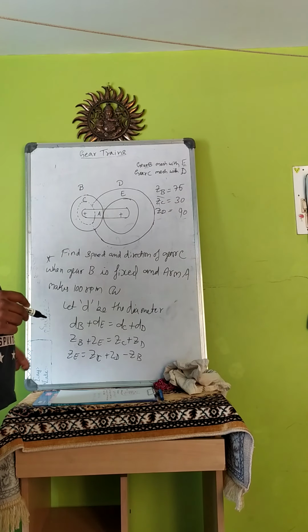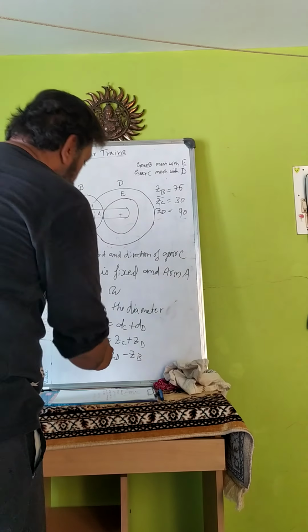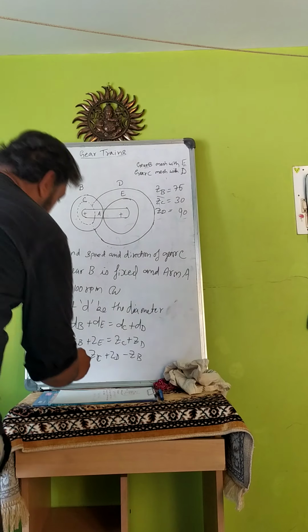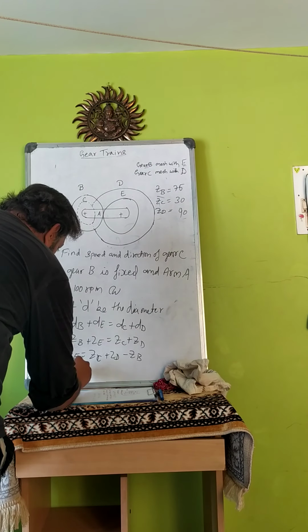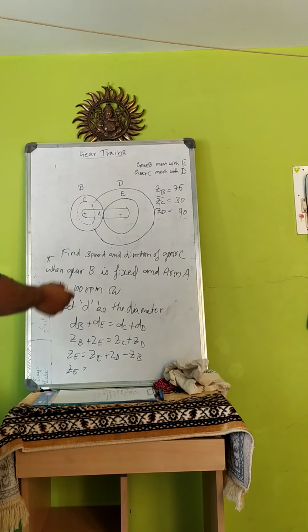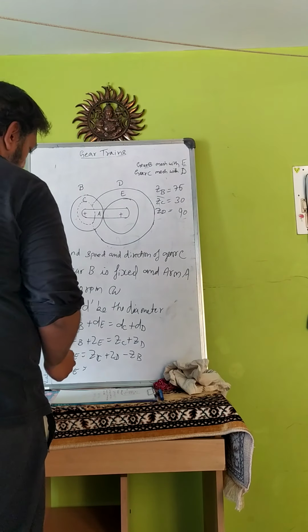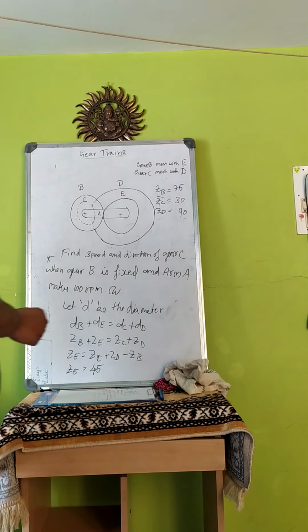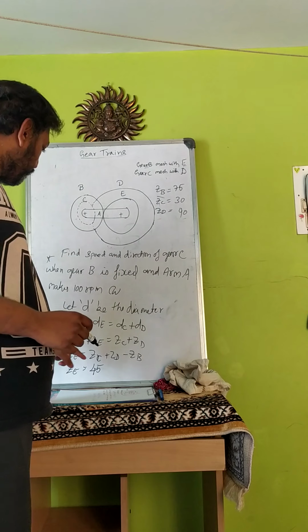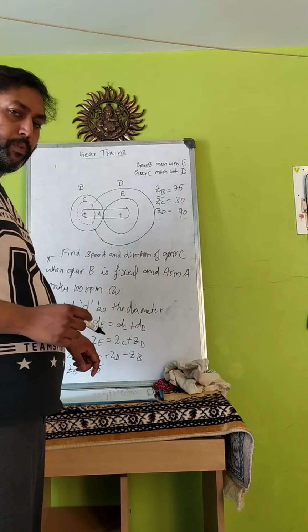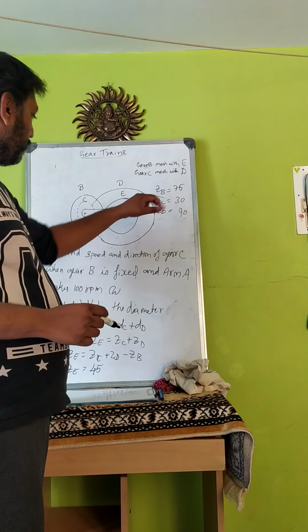If you substitute the values, ZC is 30, ZD is 90, altogether 120, minus ZB, that is 75.